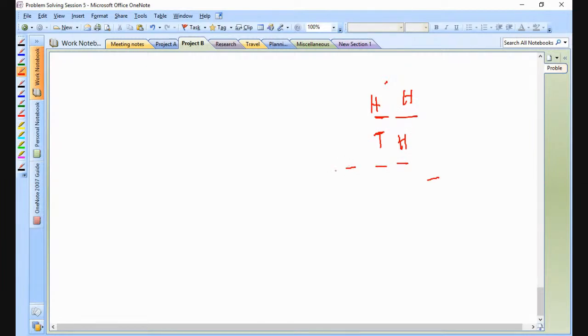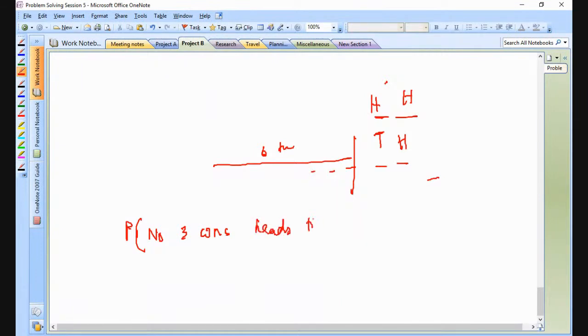If this is HT, understand again the same idea, that till the 6th toss, so understand this probability: no 3 consecutive heads till the 8th toss, given the 7th toss is tails and the 8th toss is heads, is the same as Q of 6, right?